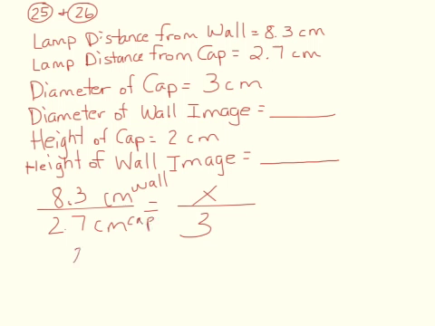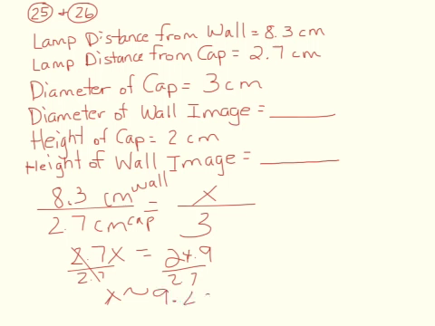So cross multiply and divide, I get 2.7x equals 24.9. Then divide by 2.7, and that is approximately 9.2 centimeters. So the diameter of the wall image is approximately 9.2 centimeters.